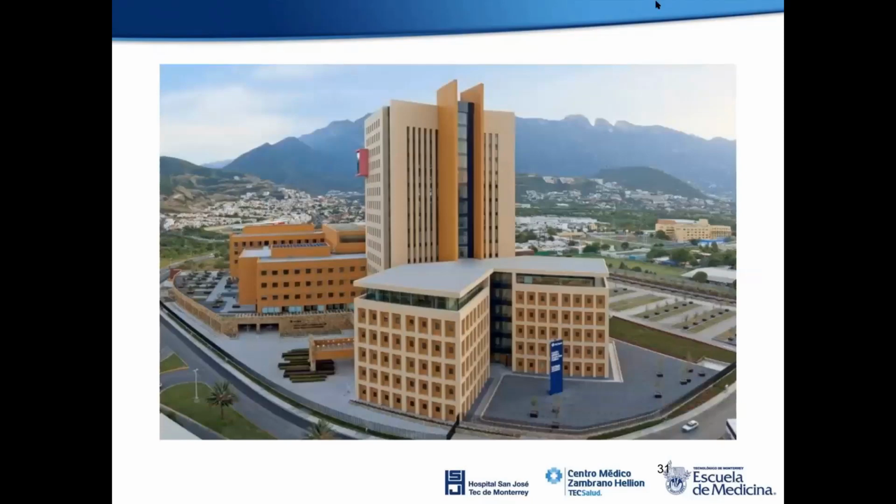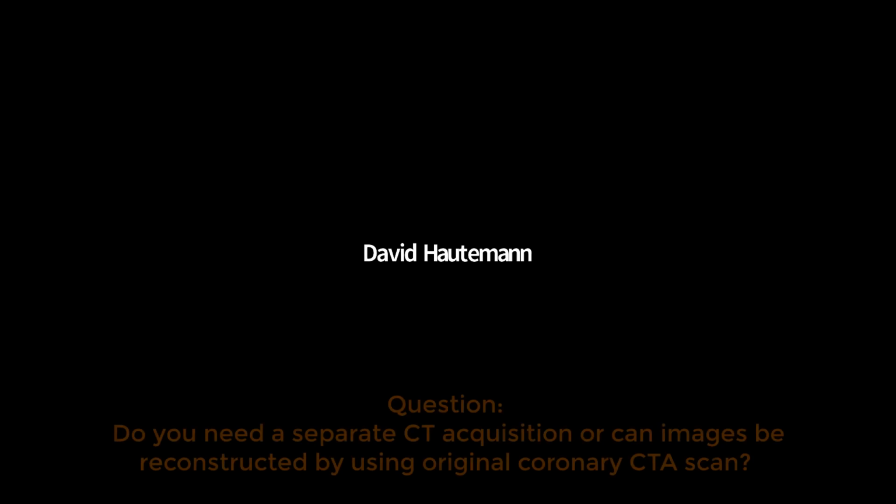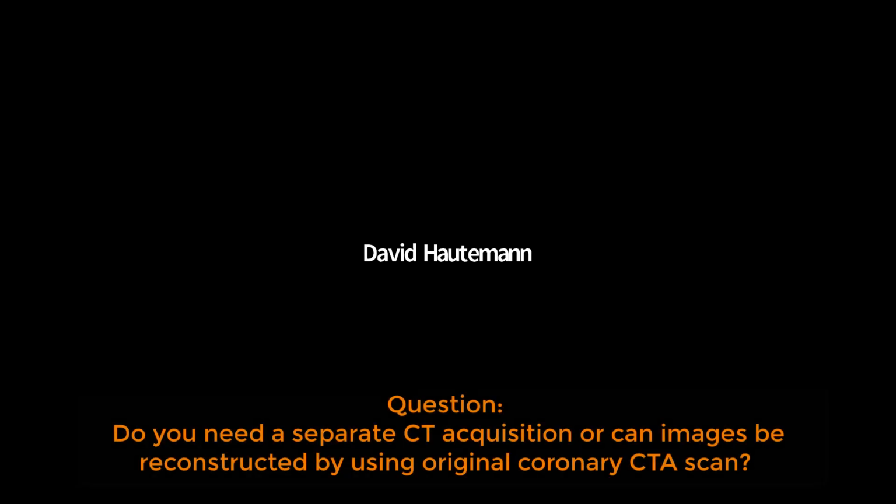Yes, actually already before. So in the beginning, he wanted to know if you're using cine images for the CTA. He is asking, do you need a separate CT acquisition, or can those images be reconstructed using the original coronary CTA scan?